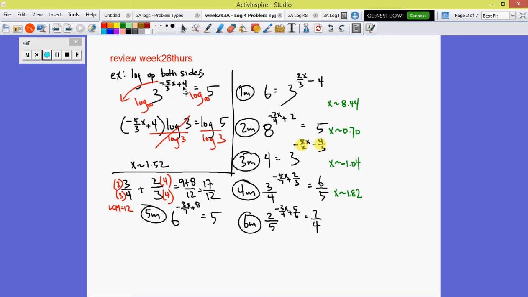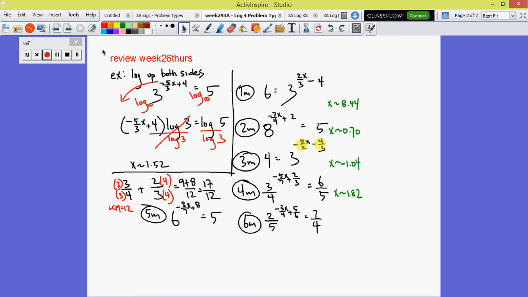And then I'm going to move this fraction over to the left side. After that, I'm going to divide both sides by log of 3. And I got x is roughly 1.52.